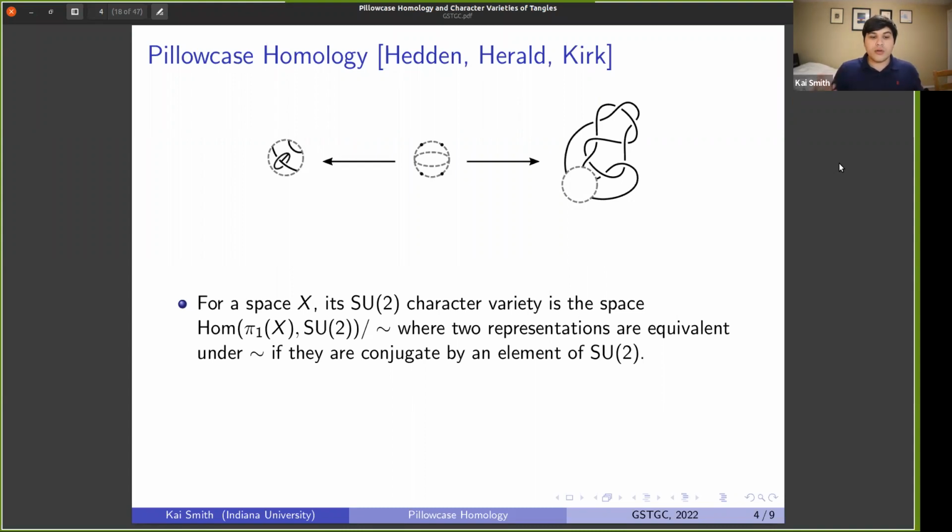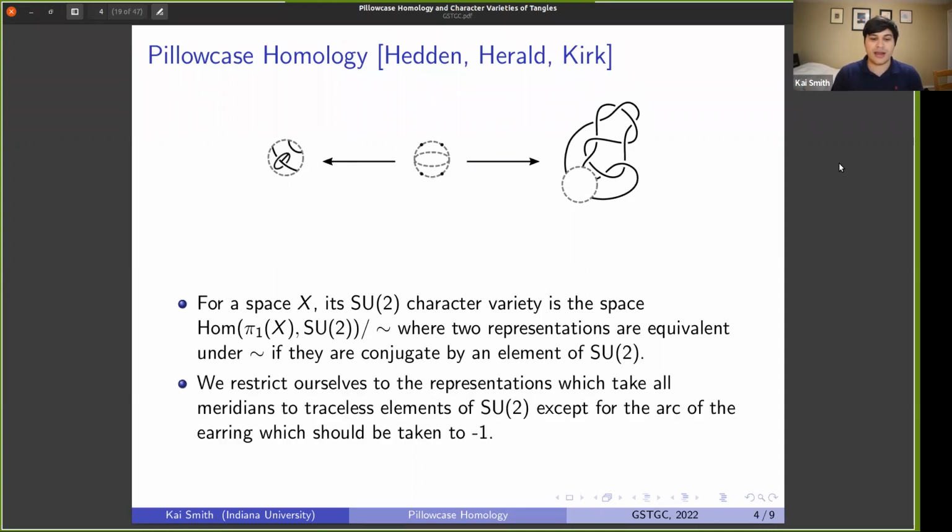So this whole space, the whole SU2 character variety, is pretty big. We want to restrict ourselves to just the traceless SU2 character variety. And what that means is that under this homomorphism, any meridian of our tangle or of one of the punctures on the two-sphere should be sent to a traceless element of SU2. And just like before, we're going to have an exception for this arc on the earring. So the meridian of this arc should get sent to -1.